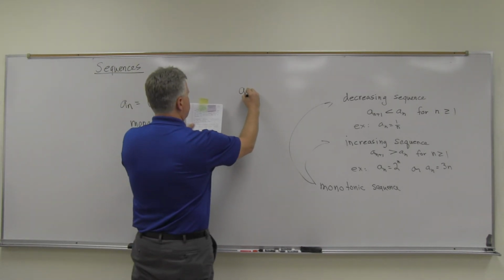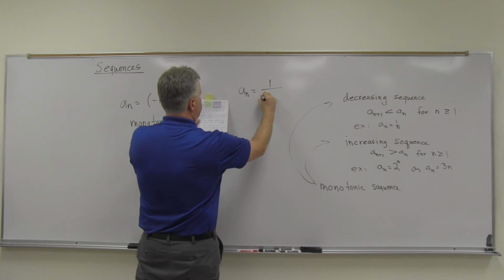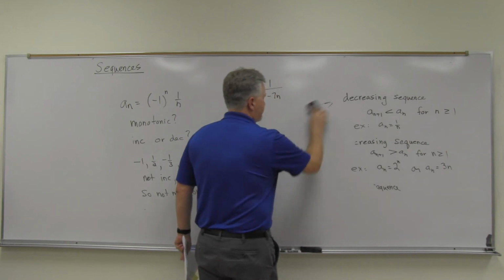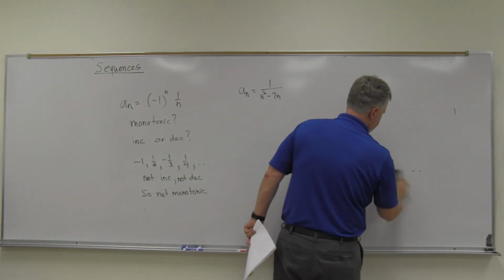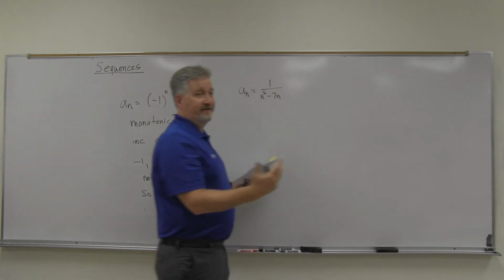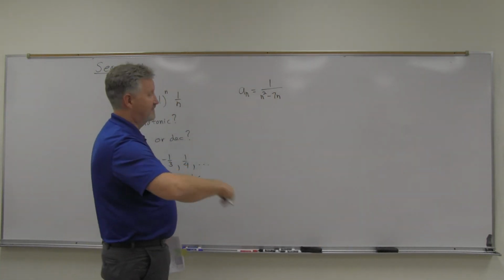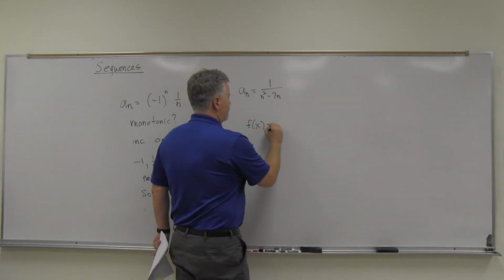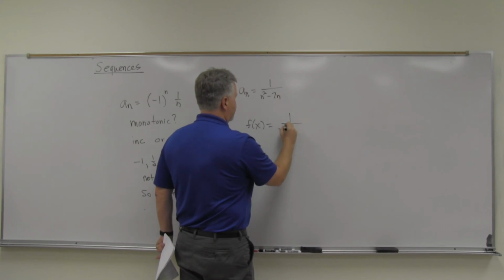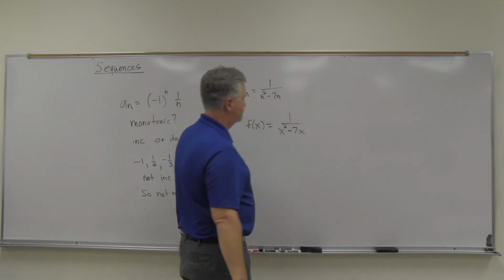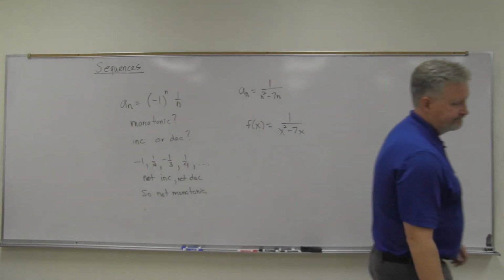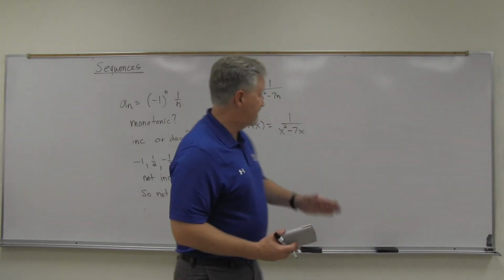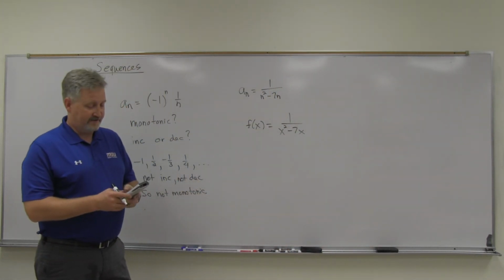So if I have a sub n equals 1 over n squared minus 7n, we could look at terms, but we know what a decreasing graph looks like. It's going downhill from left to right. Increasing goes uphill from left to right. So if I just look at this in terms of function, you don't even have to graph it as a sequence. Just look at it as a graph, because the sequence is just going to be points at the integers there.